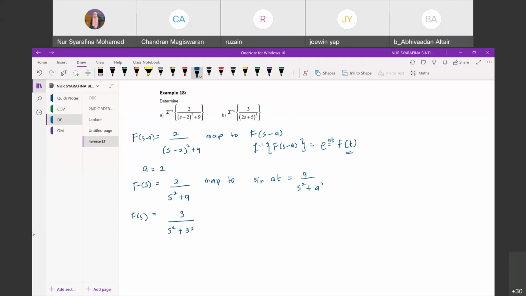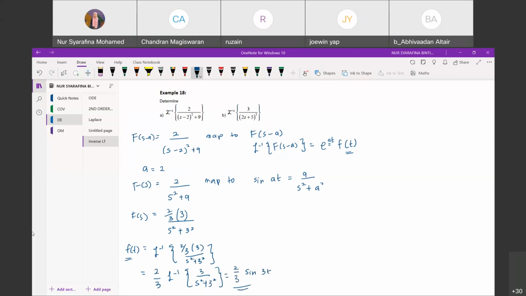But we want to remain 2, so we just multiply by 2 over 3. So f(t) equals the inverse transform of 2 over 3 times 3 over s squared plus 3 squared. By linearity, you can put the 2 over 3 outside and inverse transform 3 over s squared plus 3 squared, so you have 2 over 3 sine 3t. This is your f(t).